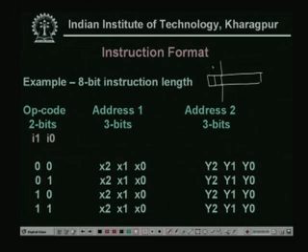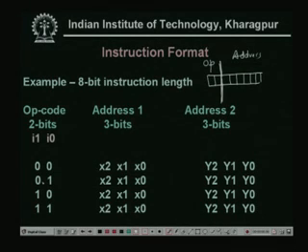This is the opcode, this is the address. So, the 2-bit opcode can be 00, 01, 10, 11.